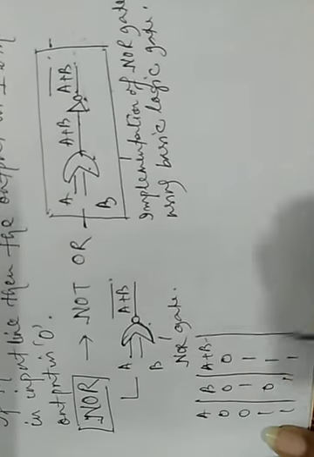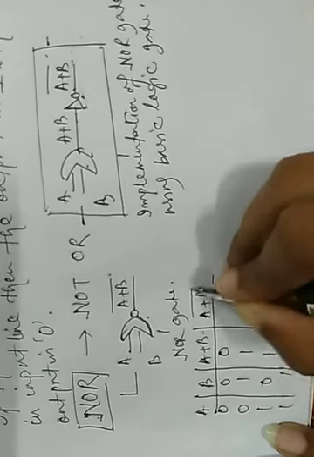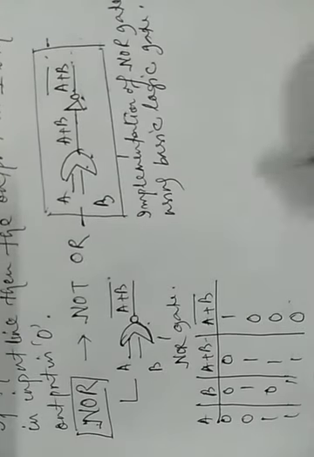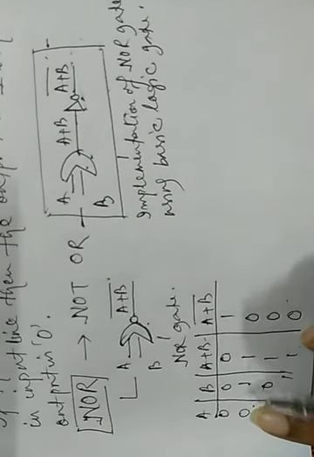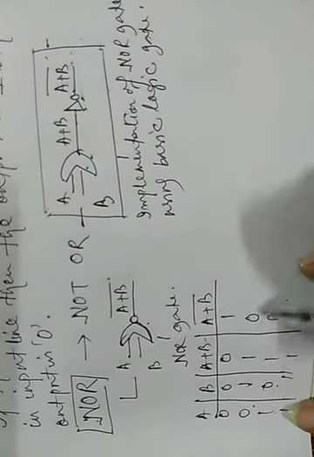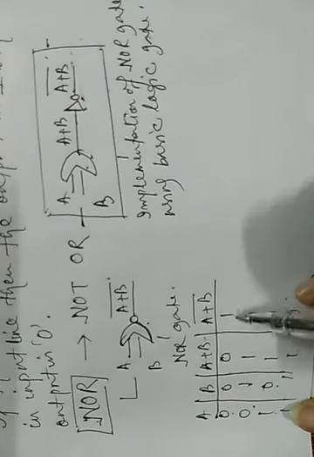So obviously the complement, A plus B complement, is 1, 0, 0, 0. So we can define the NOR gate this way: if there is at least one single 1 in the input line, then the output is 0. Otherwise the output is 1.